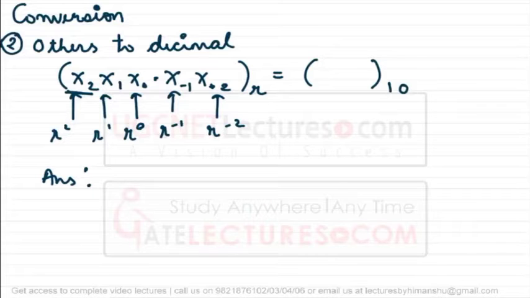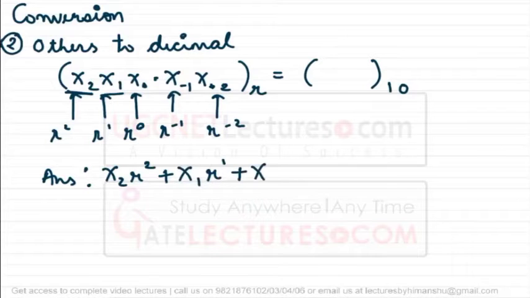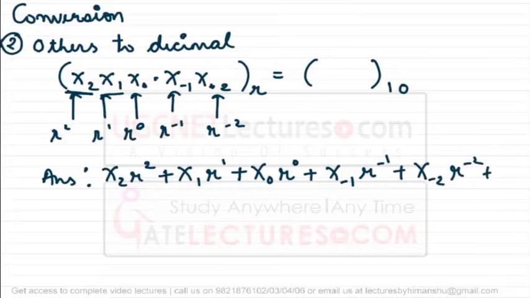The decimal equivalent is x2 into r power 2 plus x1 into r power 1 plus x0 into r power 0 plus x minus 1 into r power minus 1 plus x minus 2 into r power minus 2, and so on. This can be written as summation of xi r power i. This is how you convert any number from some different base into a decimal number.